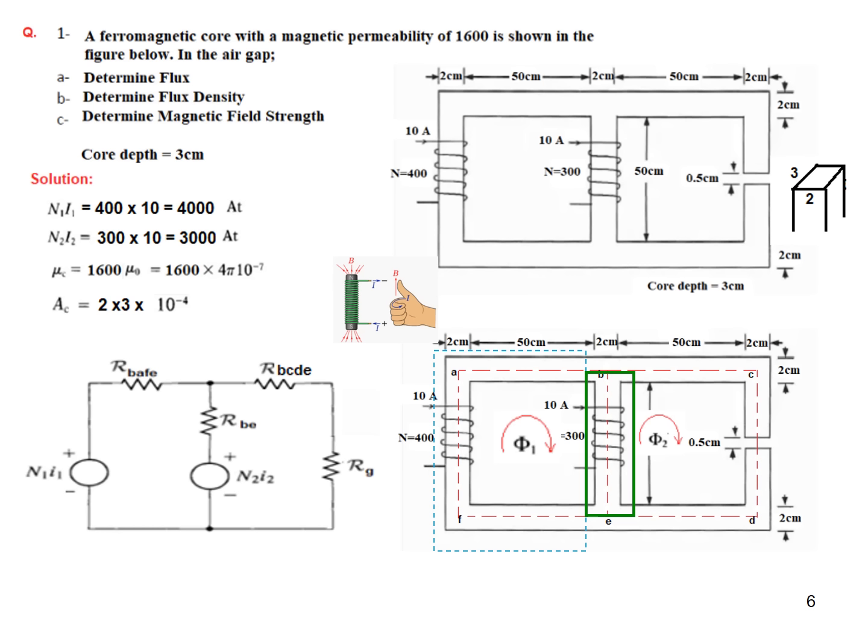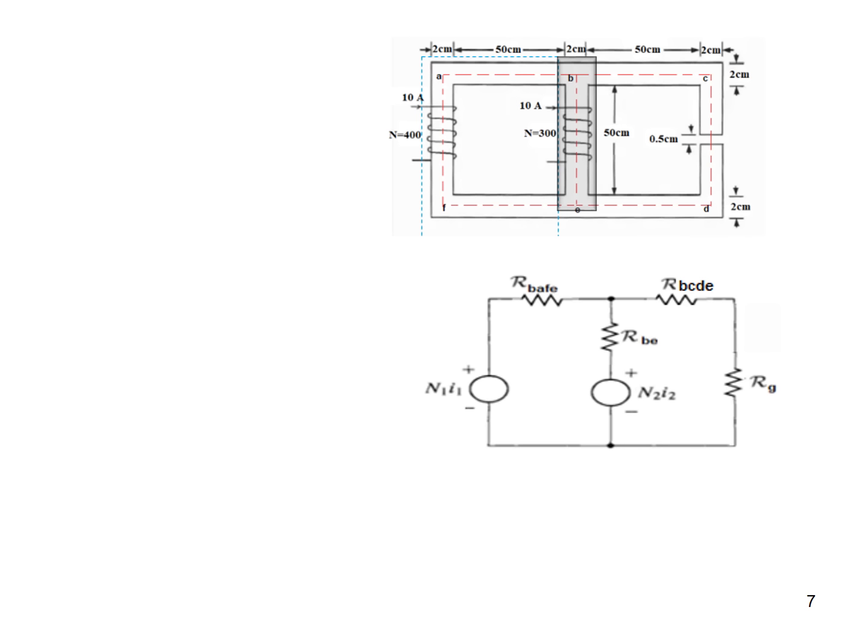So we have to keep this in mind. Anyway, so the reluctance here is RBCDE, and then we have the reluctance of the air gap, so that is RG. So this is our equivalent circuit. Once we have drawn the equivalent circuit carefully, then the problem solving will become very, very easy. So this is the circuit and the equivalent circuit.